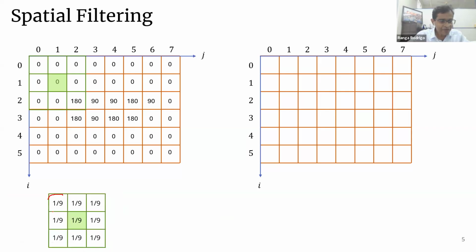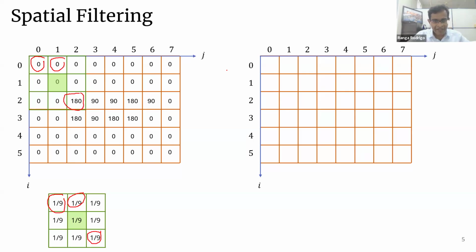Here you have 1/9 multiplying this 0, and here 1/9 multiplying this 0, and so on. This 1/9 will multiply this 180, so 1/9 times 180 is 20.